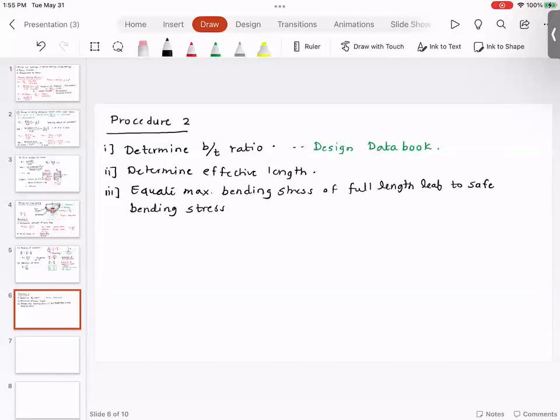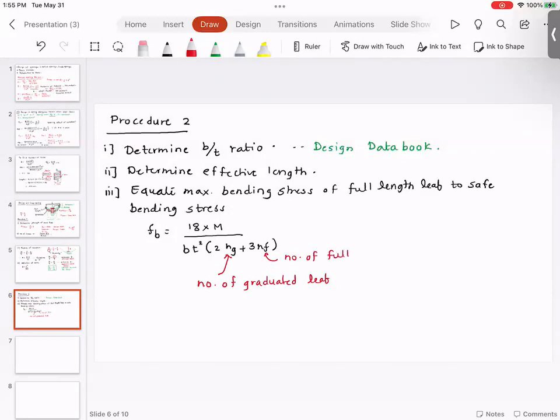And σB is equal to 18 times M divided by B T square times (2 NG plus 3 NF). NG is the number of graduated leaves and NF is the number of full leaves.